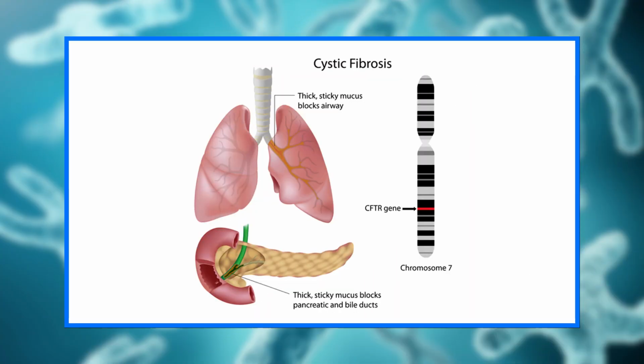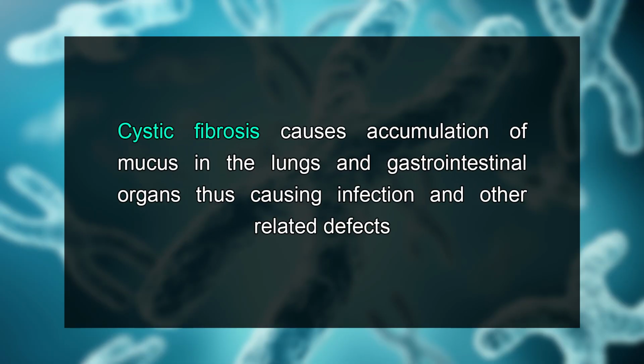It is caused by a mutation in the gene cystic fibrosis transmembrane conductance regulator, that is CFTR, which results in a defective chloride channel. Presence of mutation in both copies of the CFTR gene in a person causes cystic fibrosis disease. Cystic fibrosis causes accumulation of mucus in the lungs and gastrointestinal organs, thus causing infection and other related defects.